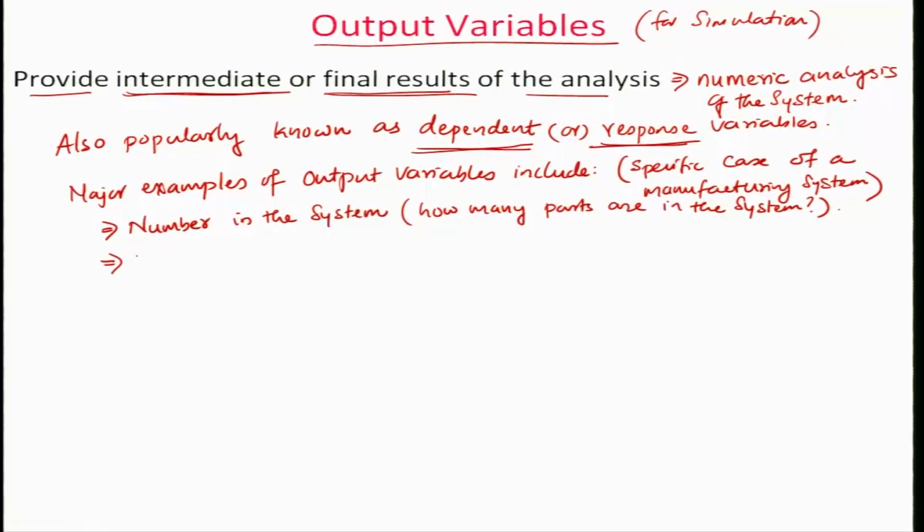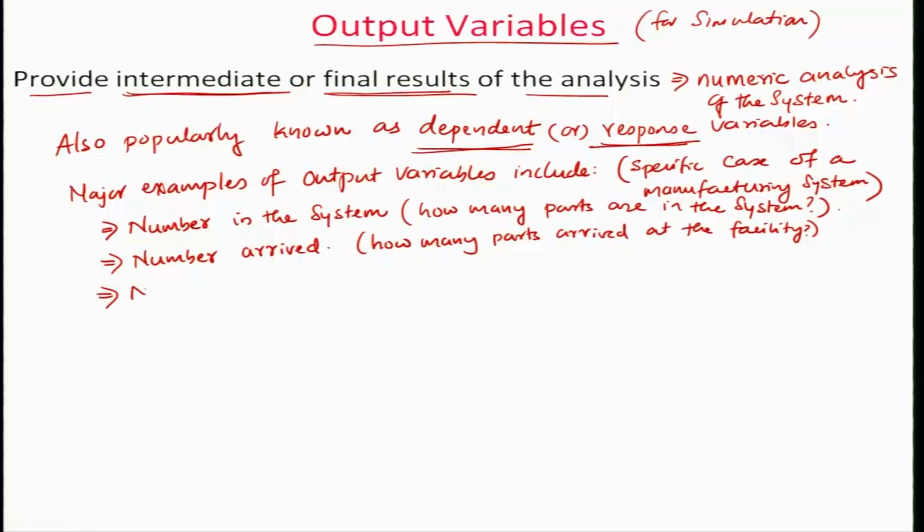Then number arrived. In a manufacturing system, it will be how many parts have arrived at the facility or the manufacturing factory. That is the number arrived. Then number processed.